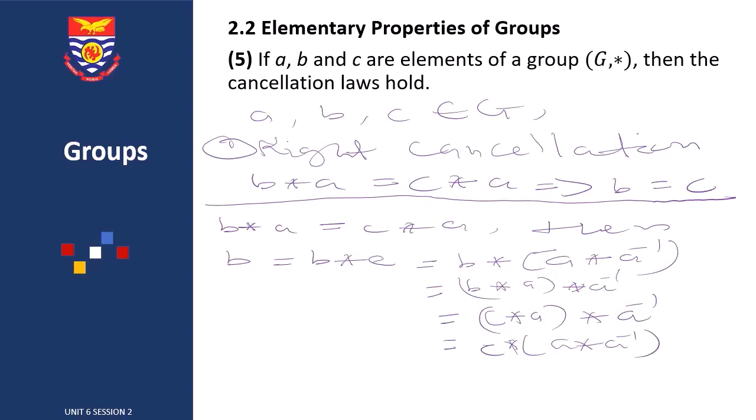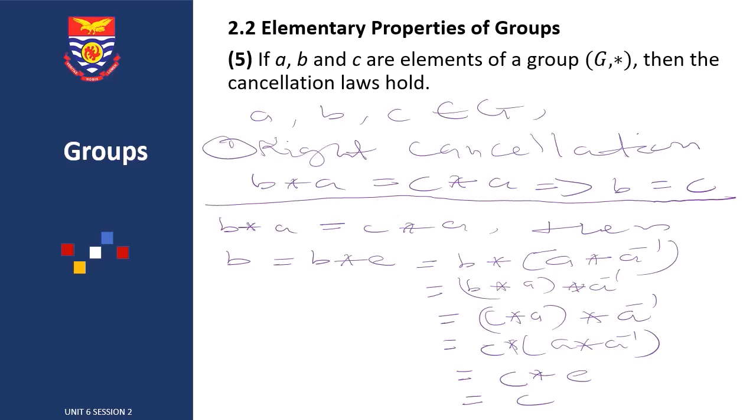And A operation its inverse is the same as the identity element. So I get C operation its identity element, and B operation its identity element is the same as B, and you agree with me. So C operation its identity element is the same as C. So in that instance, we say that this proves the right cancellation law. It's very interesting.